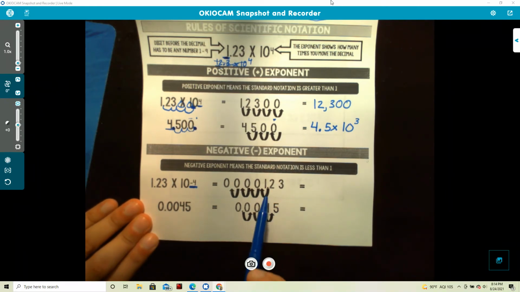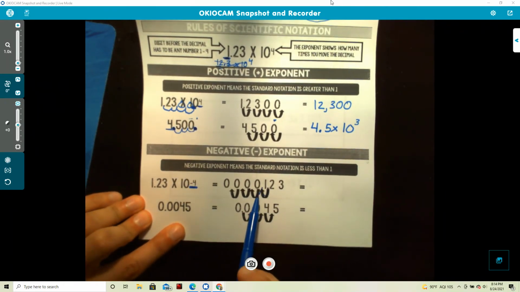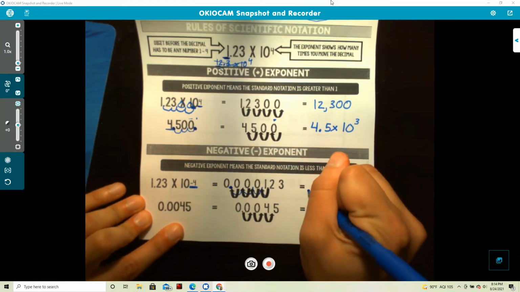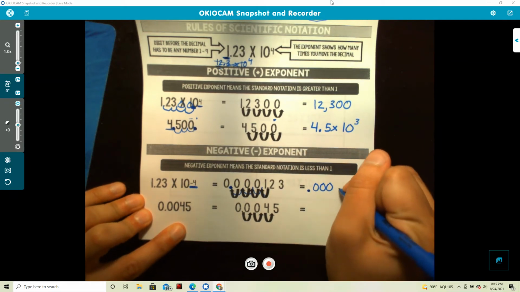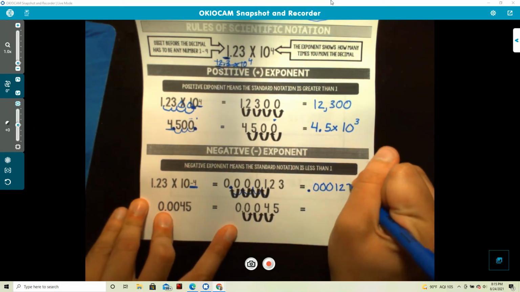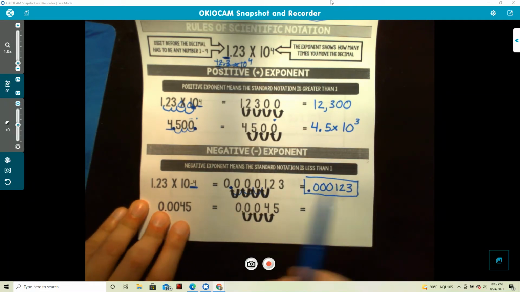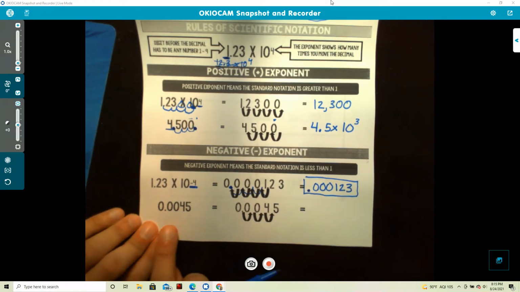And they already do it here for us. So we go 1, 2, 3, 4. And we end up with 0.00012. So this number right here is standard notation. This is scientific notation.